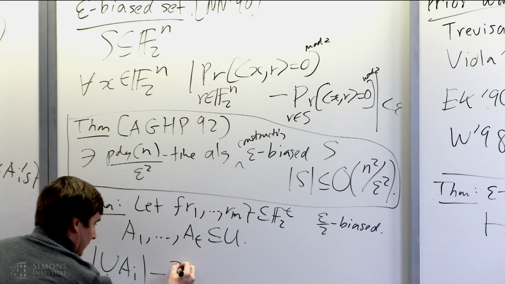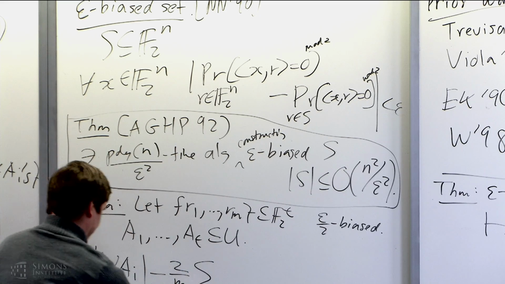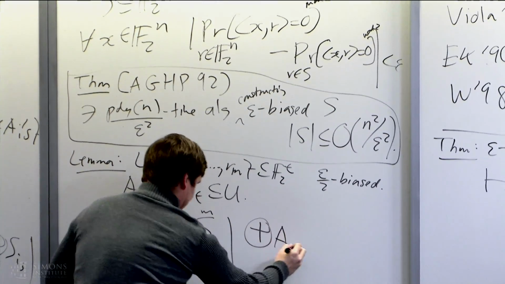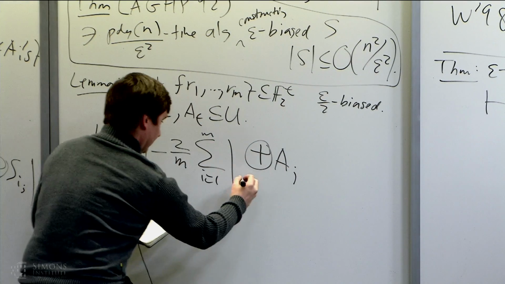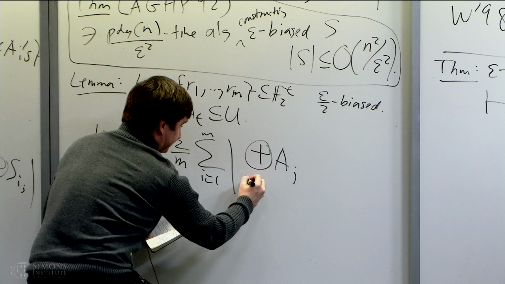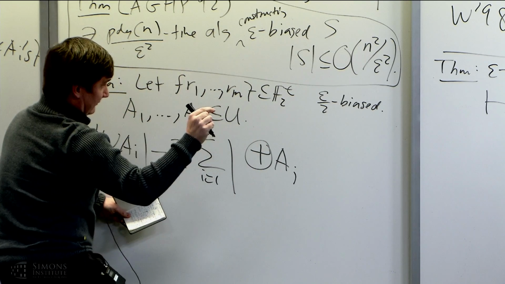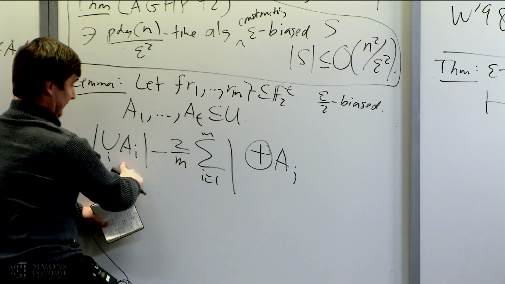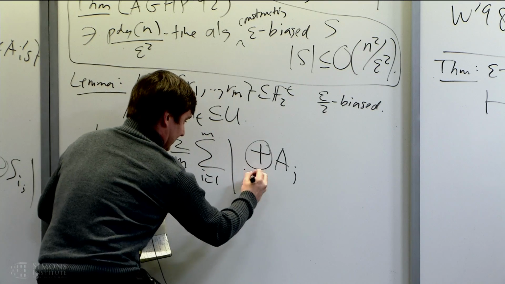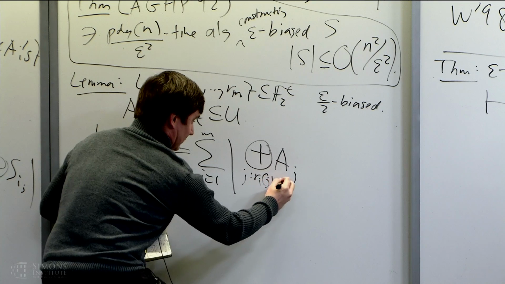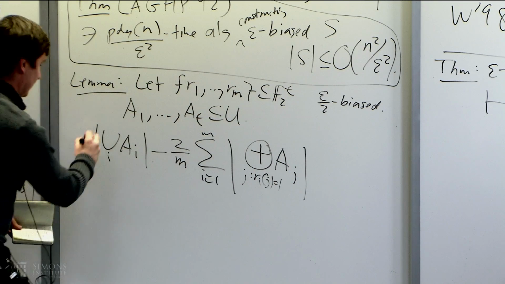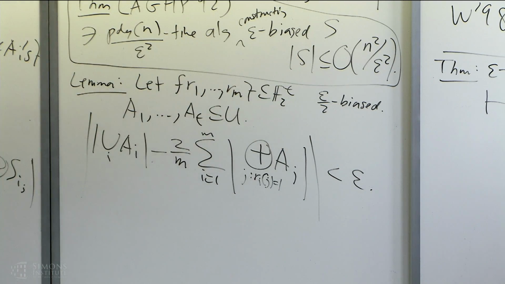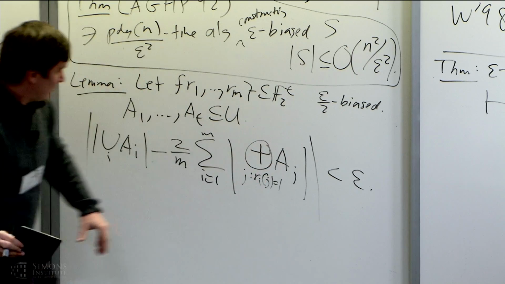I take 1 over 2m times the sum from i ranging from 1 to m of various oddities, which are determined completely by these vectors. For every single vector here, I look at the coordinates that are indexed 1, their t coordinates, and I compute the oddity of the subsets that are 1 there, so the union over j such that r sub i j equals 1 of A sub j. If I take these two things, this thing is actually less than epsilon. So this is exactly the quantity I'm going to use to approximate this thing.